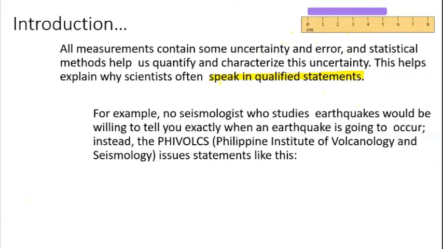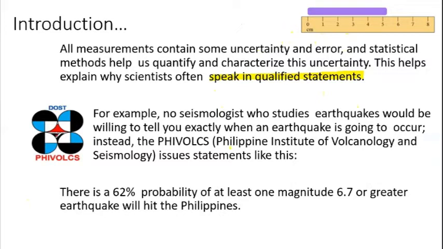So another example of speaking in a qualified statement is this. No seismologist who studies earthquakes would be willing to tell you exactly when an earthquake is going to occur. Instead, PHIVOLCS, the Philippine Institute of Volcanology and Seismology, issues statements like this: there is a 62% probability that at least one magnitude 6.7 or greater earthquake will hit the Philippines.